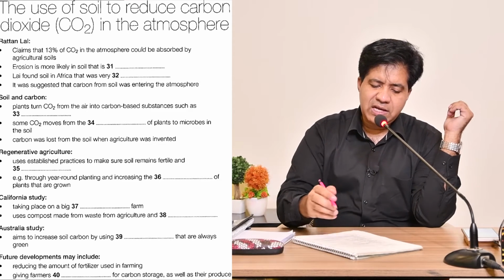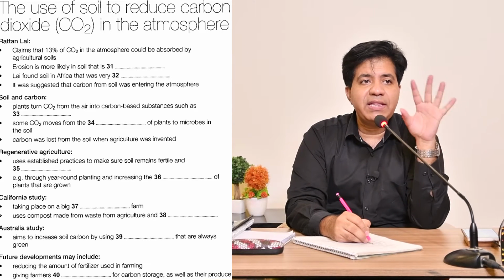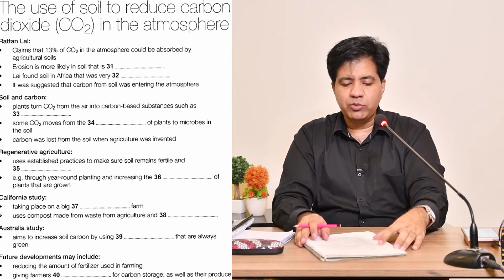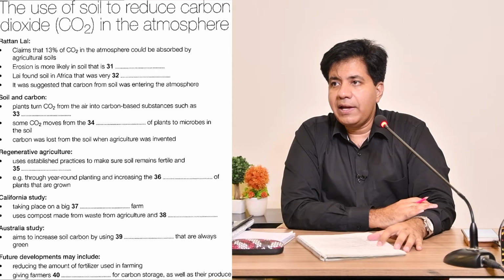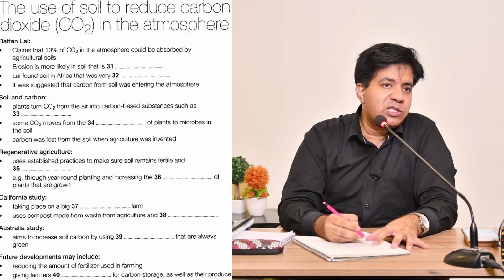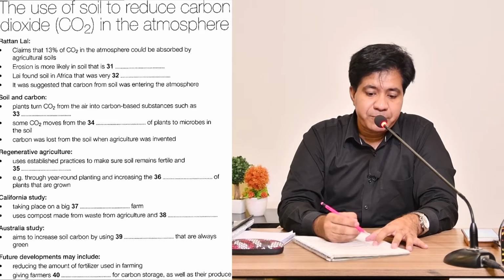You can see Ratan Lal, okay, and then 13% is given. So when they talk about Ratan Lal 13%, it means they have come to the first bullet point. Clear? After that, the next bullet point is erosion. Now when they speak about erosion in the audio, you have to be active.